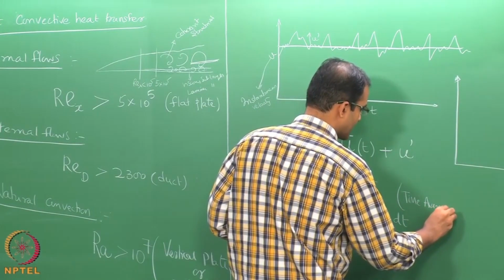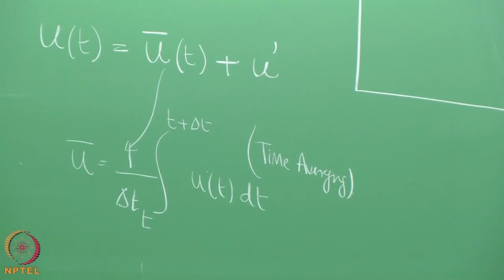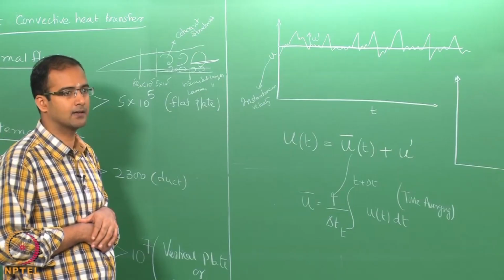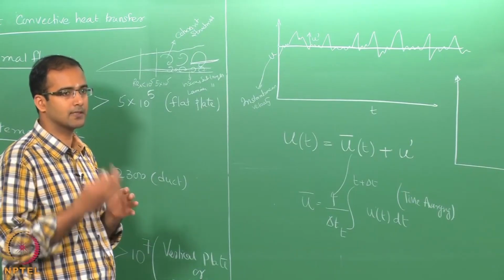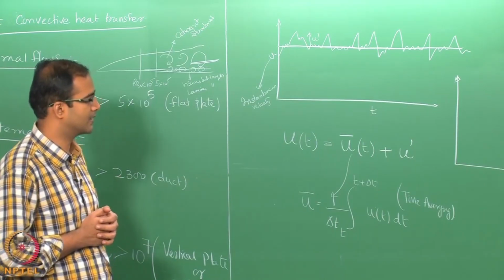So, we can average the instantaneous component over a period of time with a certain filter, which is delta t here. If you do this average, you get the mean velocity we have represented here.